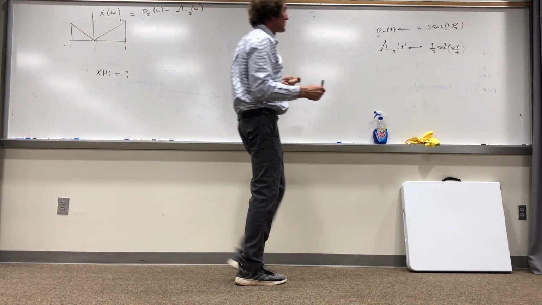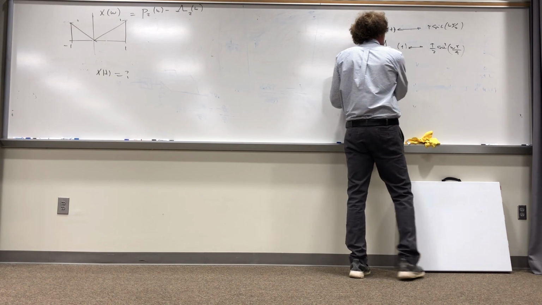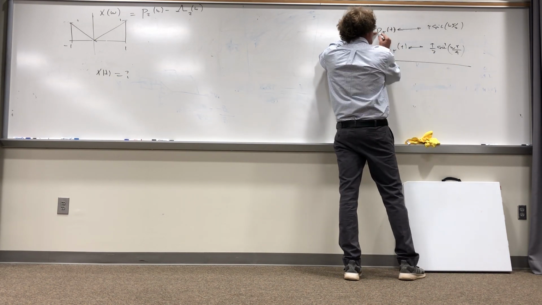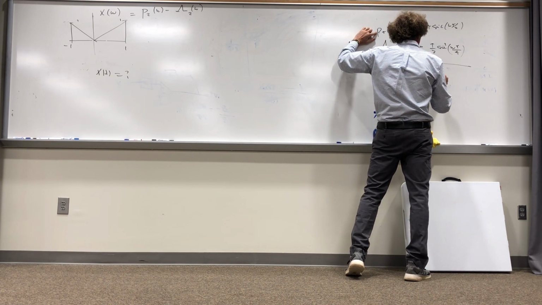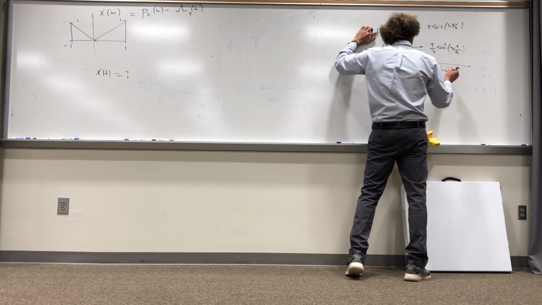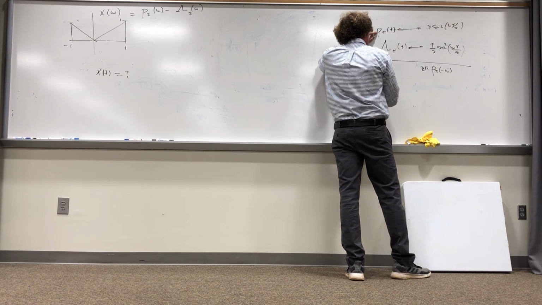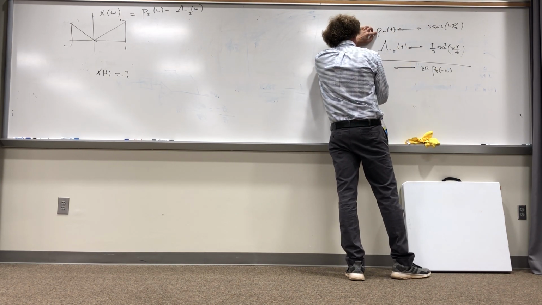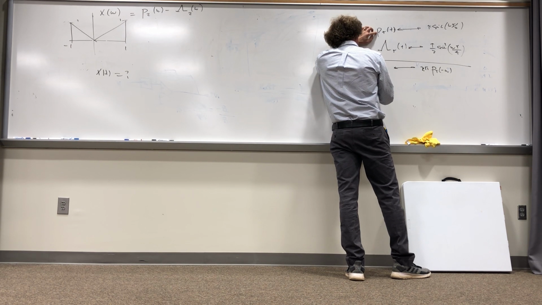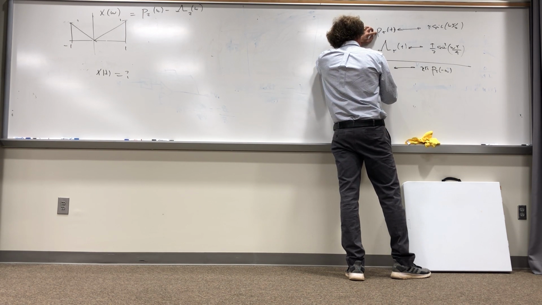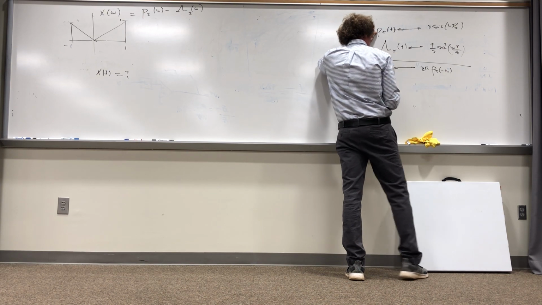So from here, I can say, based on duality, I take this function and put it over here, replace t with minus omega, so I put p tau of minus omega, and I have to put a 2 pi here. And then I take this function over here, tau times the sinc of not omega, but t tau over 2.